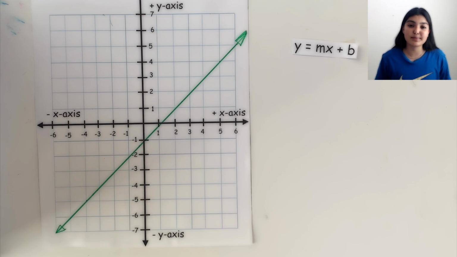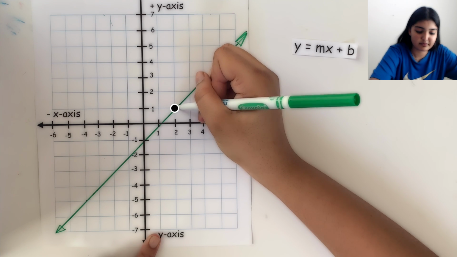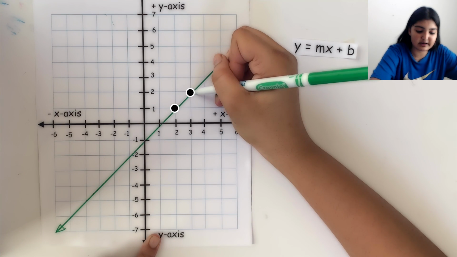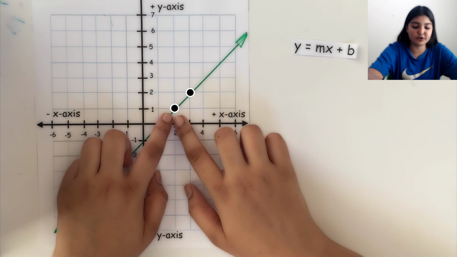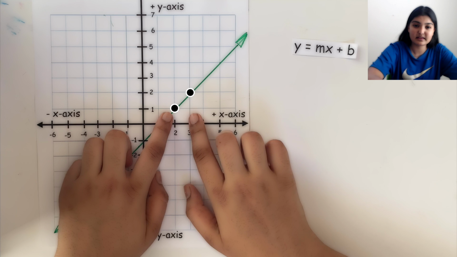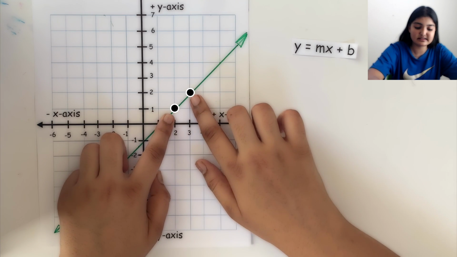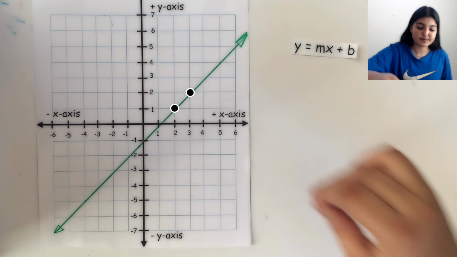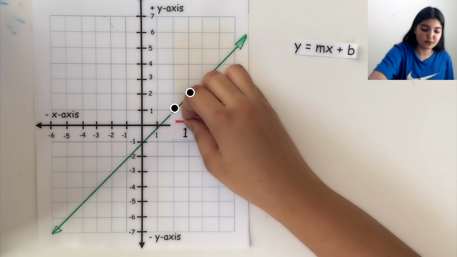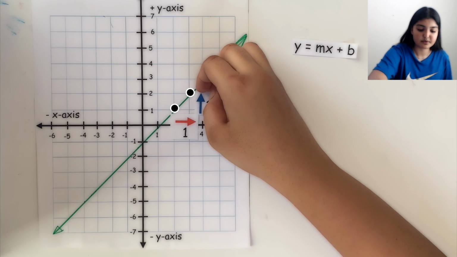To do that, we can pick 2 points. Let's pick 1 point here and 1 point here. Well, how far do we have to travel horizontally and vertically to get from this point to this point? We would have to run 1 unit, and we would have to rise 1 unit.